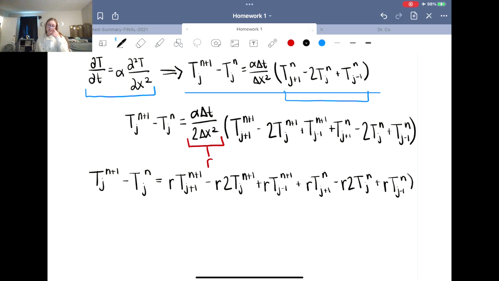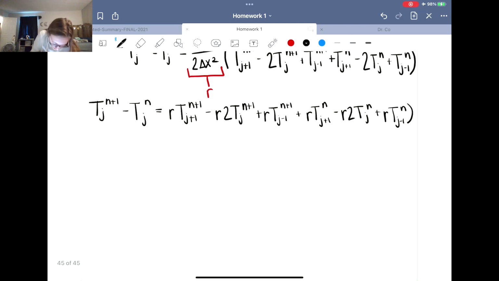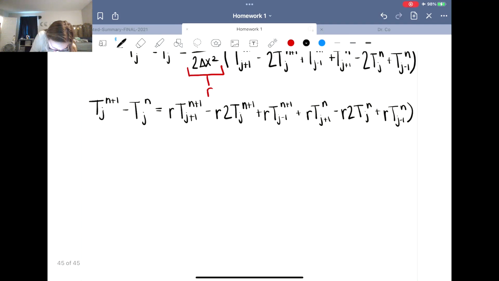Okay, so now that we have this, I'm going to separate our like terms. We're going to put all of our n+1s on one side, all of our n's on the other side, and then see if we can pull it out or simplify it easier. So we're going to keep our T_j^(n+1) on this side. We're going to subtract this one.